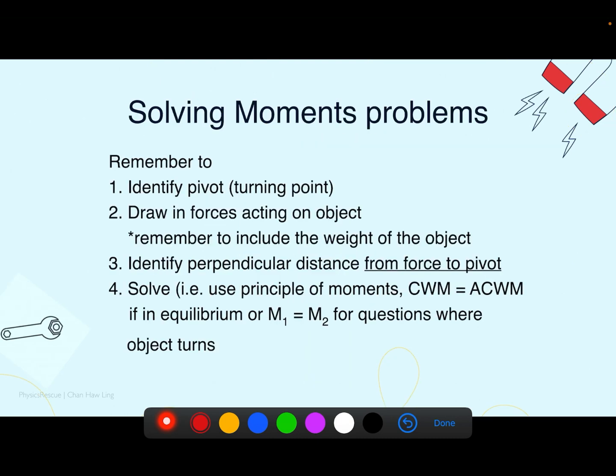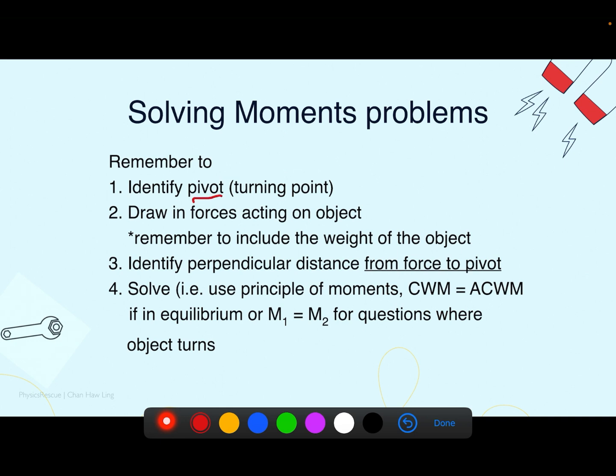Now, solving moments questions, we should have a certain procedure to go about solving the problems, especially if the problem is complex. These are steps to help you consider when you encounter a problem. What are the things to consider in a sequential manner? So first thing, we need to identify where the pivot is.